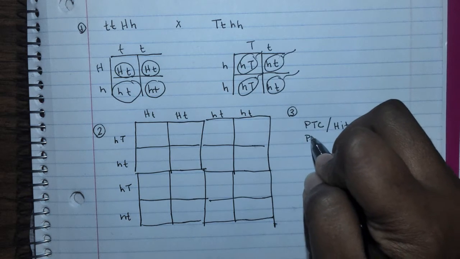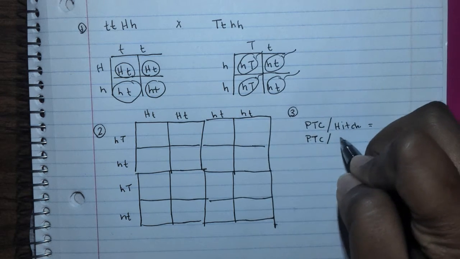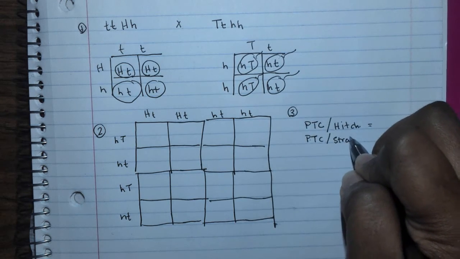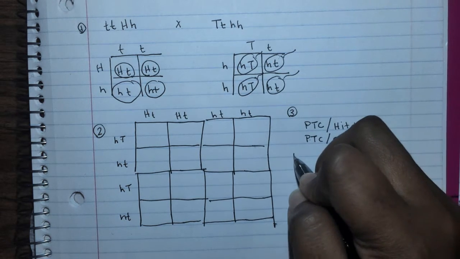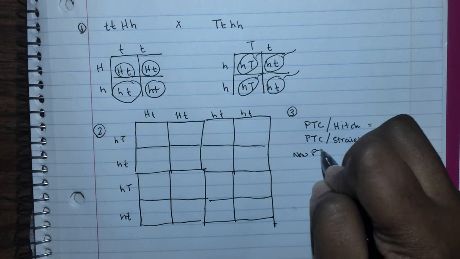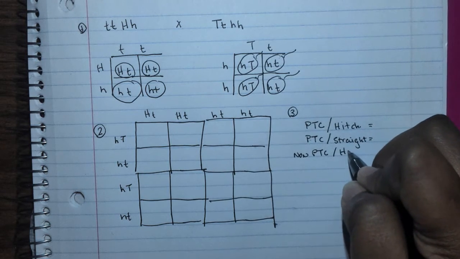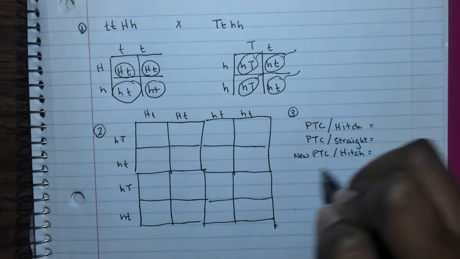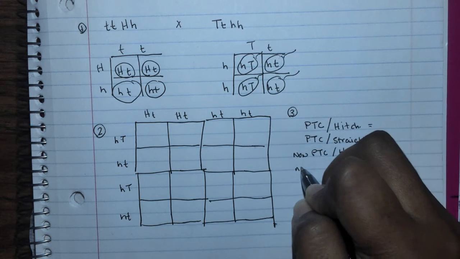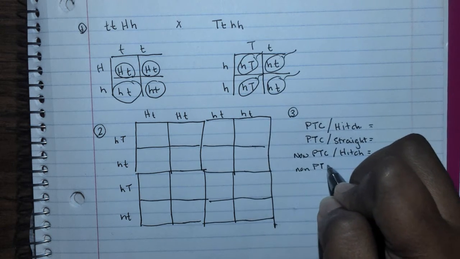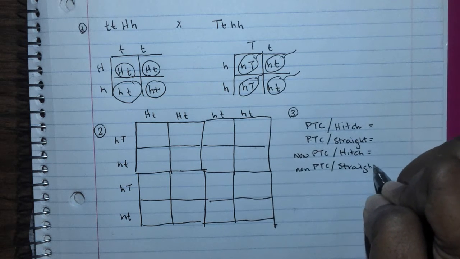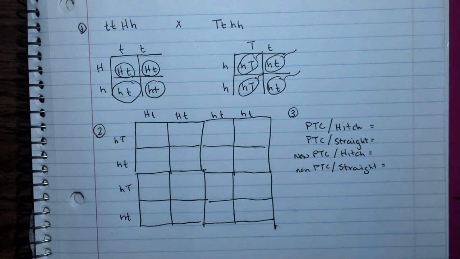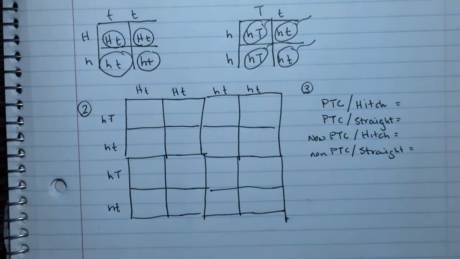I could have a PTC taster with a straight thumb. I could have a non-PTC taster with a hitchhiker's thumb. Or I could have a non-PTC taster with a straight thumb. These are my possibilities. And what I like to do is go through and do the same thing at the same time.